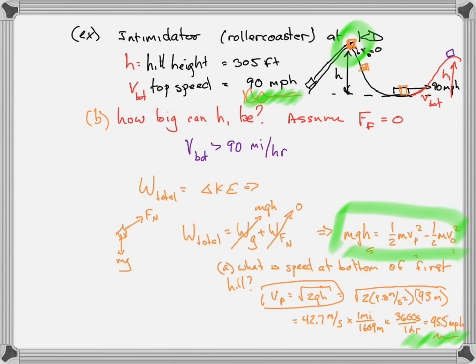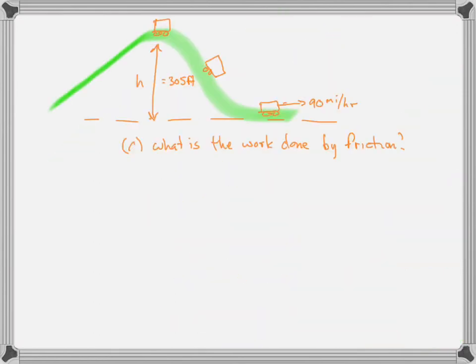Let me start with, what is the work done by friction as the roller coaster goes from the top of the first hill to the bottom of the first hill? And then we'll talk about what we need to know in order to ask what's the average frictional force. What is the work done by friction going from there to there?